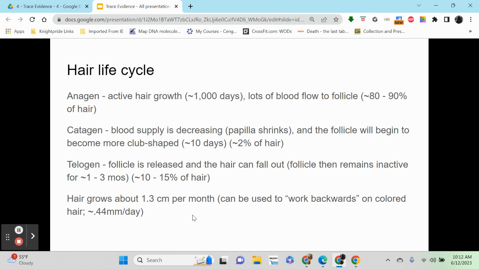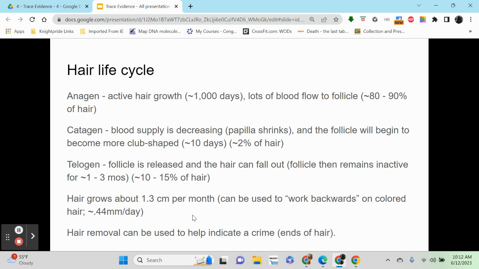So again, that is something that can be used by examiners to work backwards to figure out maybe when a person was exposed to a certain chemical, or maybe if you have someone that is going in for a drug test and they do a hair sample, when that individual last used a certain type of drug based on the compounds that are present. So again, lots of value in each of these different tests.